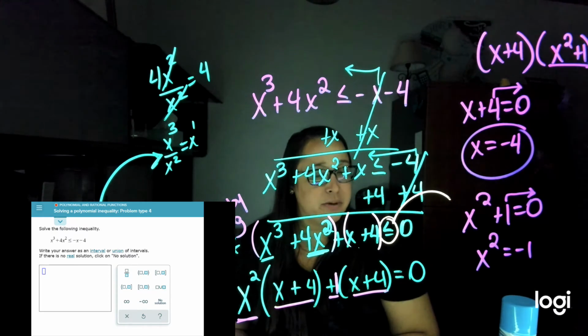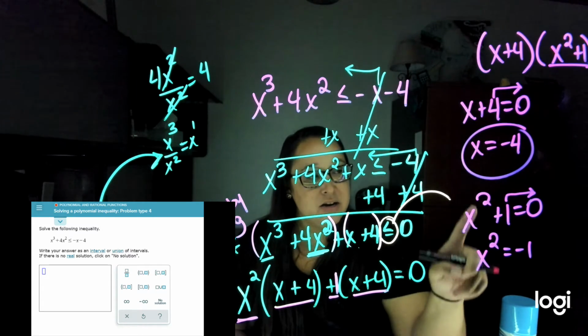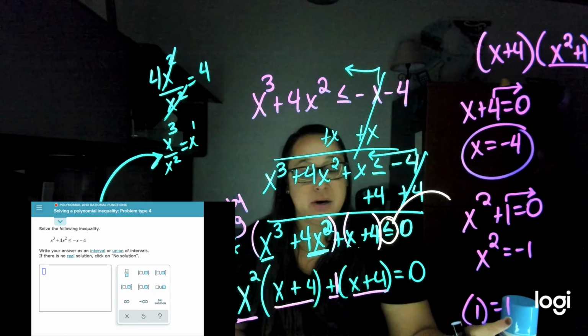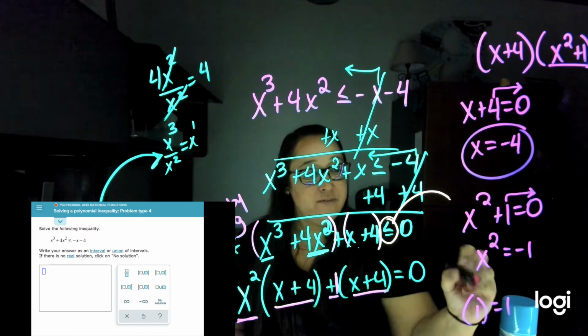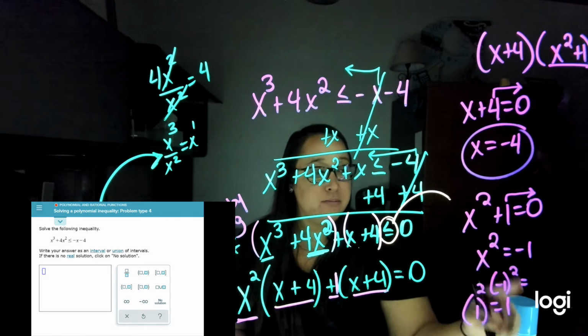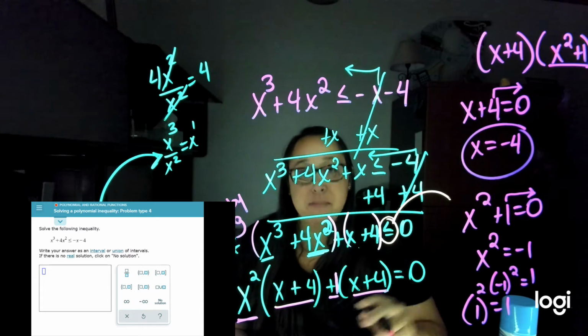Let's think about that for a minute. If I square positive 1, my output is positive 1. If I were to square negative 1, my output would again be positive 1. It does not matter.